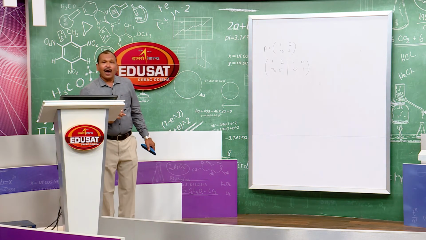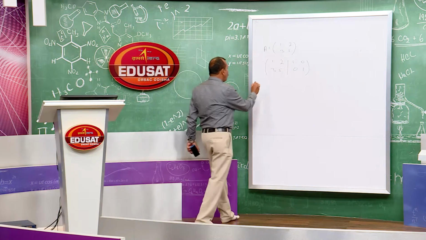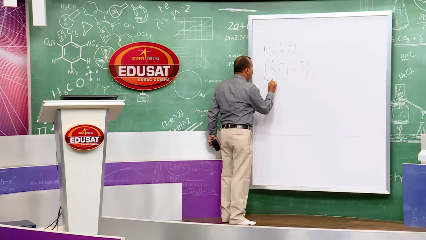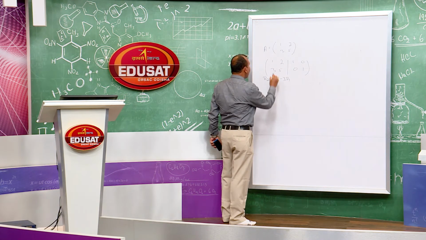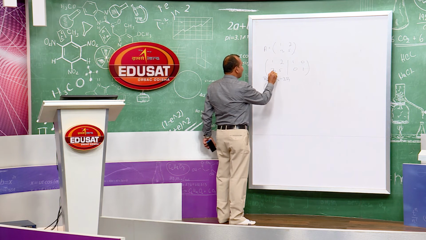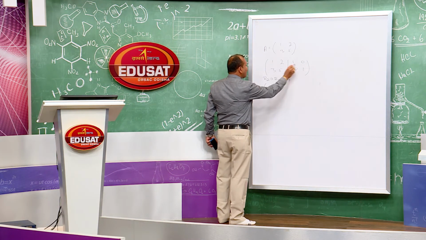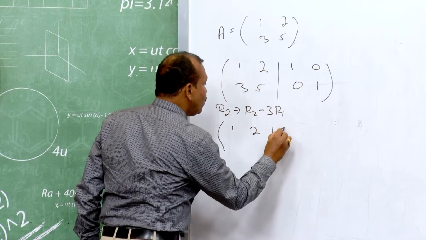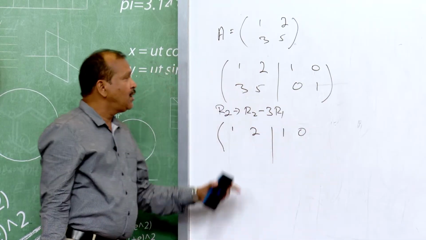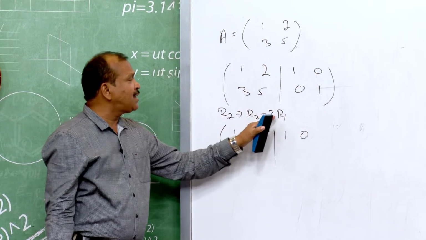Then we apply R2 tends to R2 minus 3 R1. The first row is the same, it becomes 1 2 1 0 and remains unchanged. Row 2 changes to row 2 minus 3 R1.